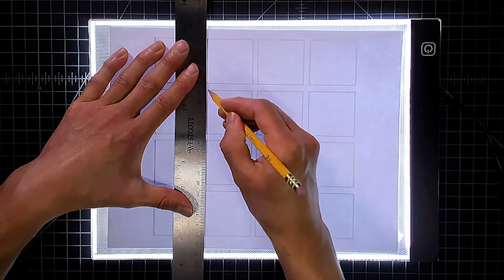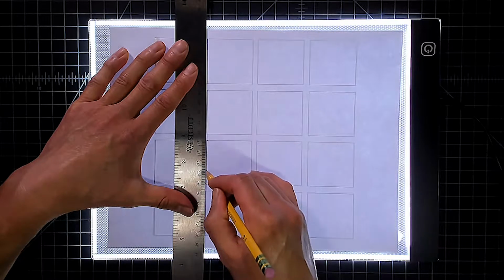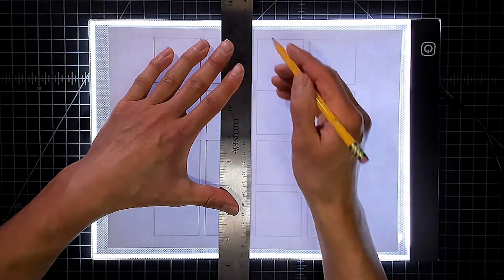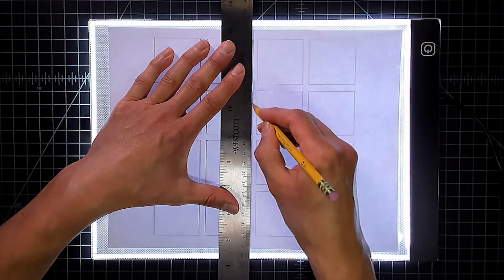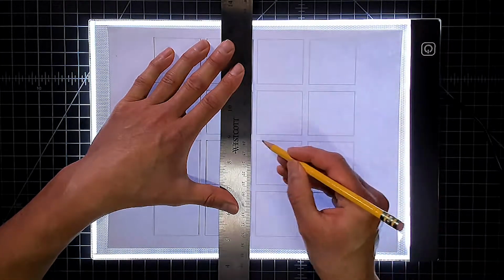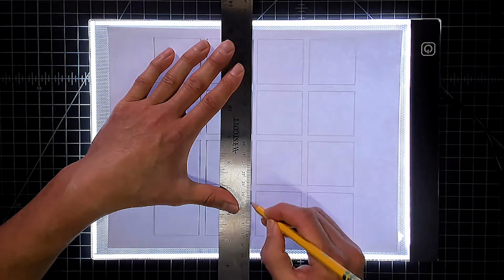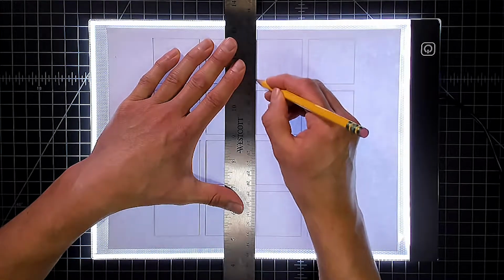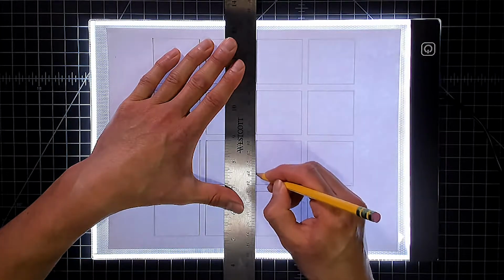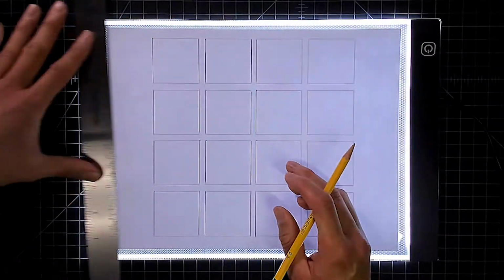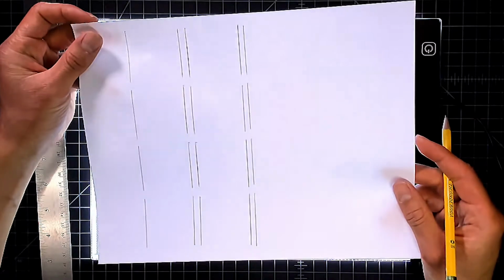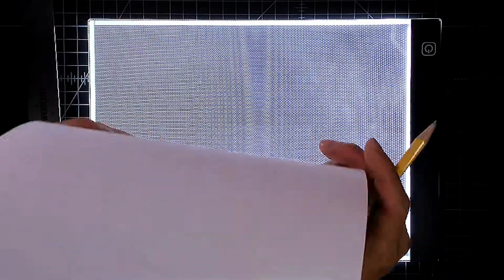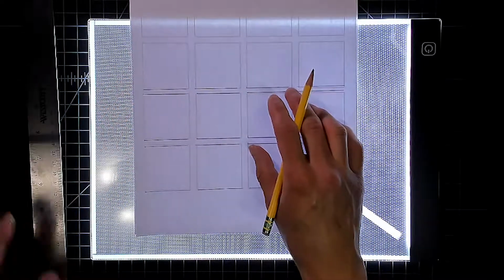Once you have these lines that go in this direction, you could rotate your paper and draw the lines in the other direction. So let's say I have all these lines here that go vertical, and I could rotate my paper. I could leave my tracer there if I like.